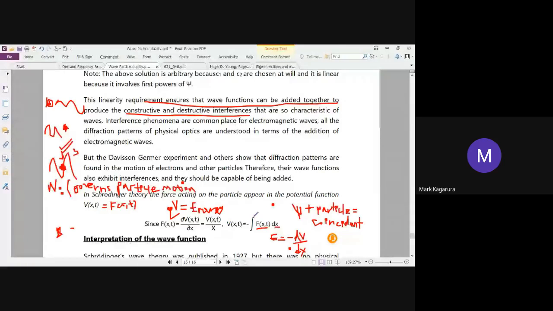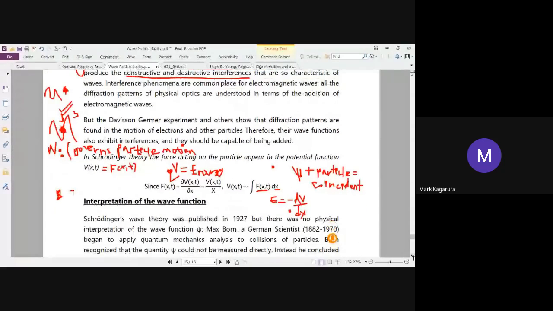So the force is like the second derivative of the potential. I mean, the acceleration is like the second derivative of the potential. But in this case, the acceleration is not what's important. From F is equal to ma.